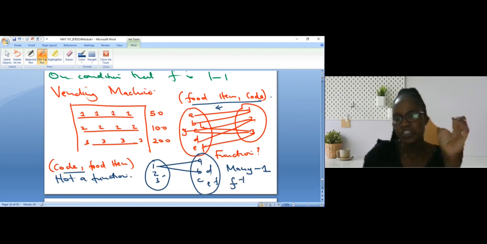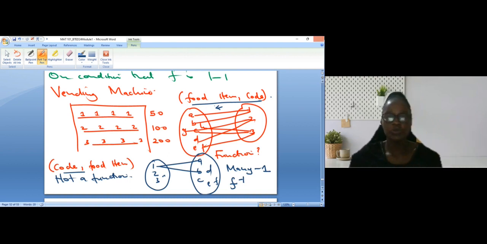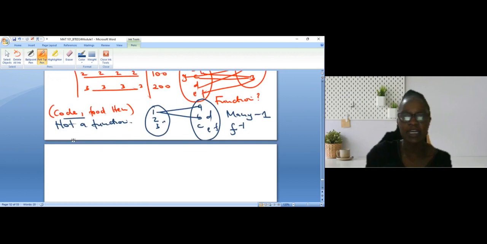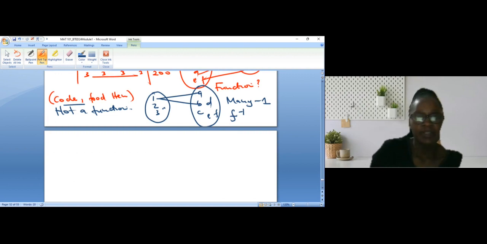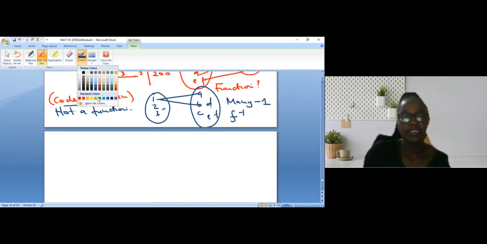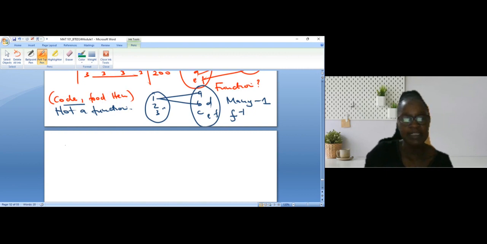So the only condition under which a function will be invertible is if it is one to one. That way you're able to take the function, and every element is uniquely assigned to a value. A good example mathematically would be f of x equal to x squared, and it's a real valued function.